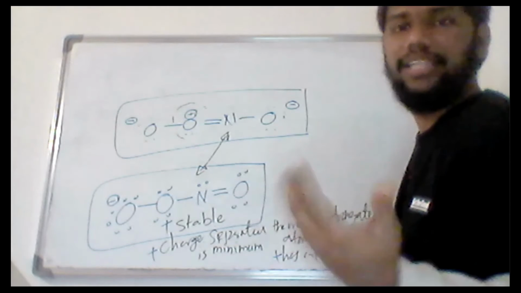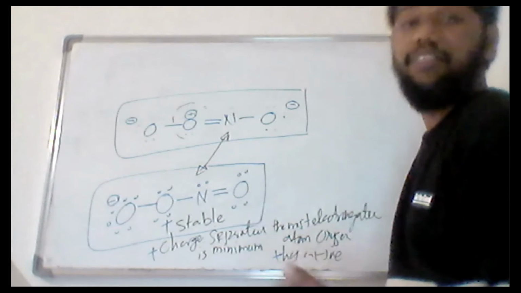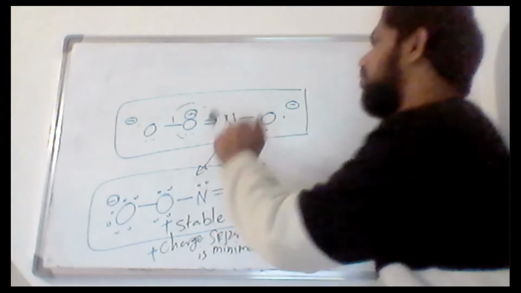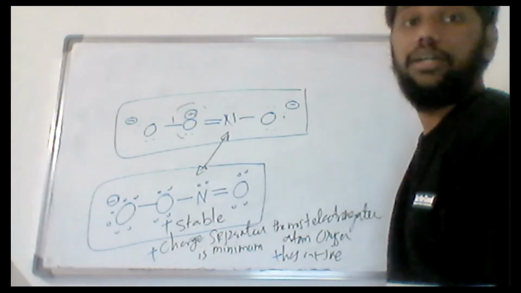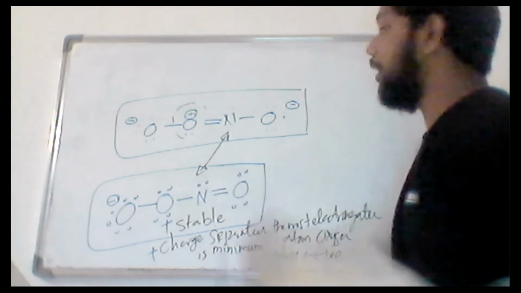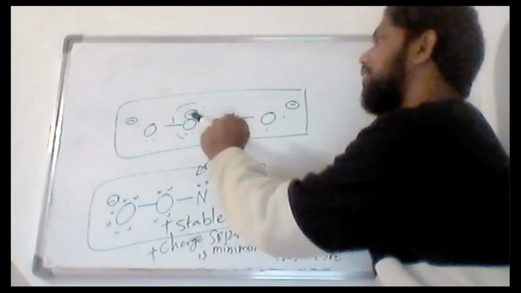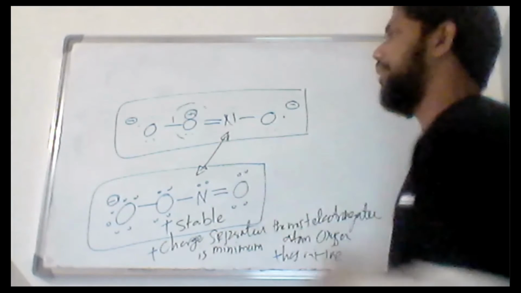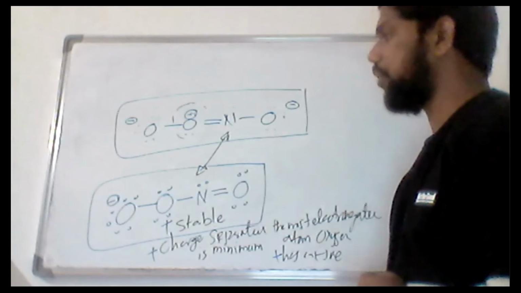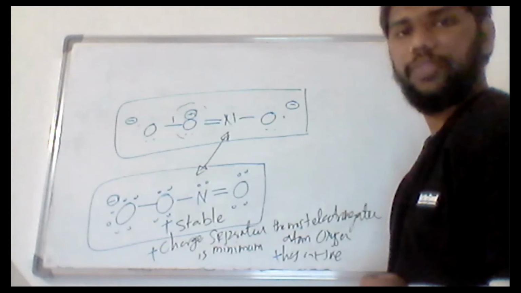So this is another case where it does not favor the situation. So this is also not good. So this is a situation where the octet is completed in all, but oxygen, since it has a positive charge, is not stable, and the charge separation is very large. So this is another problem. Okay.